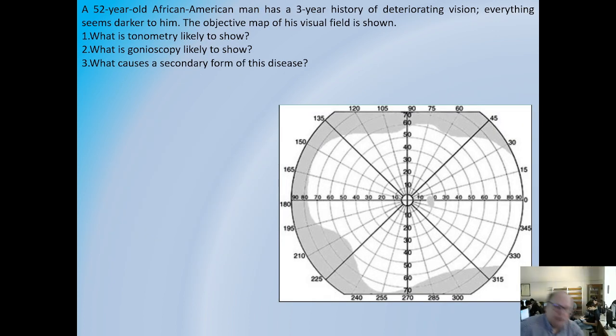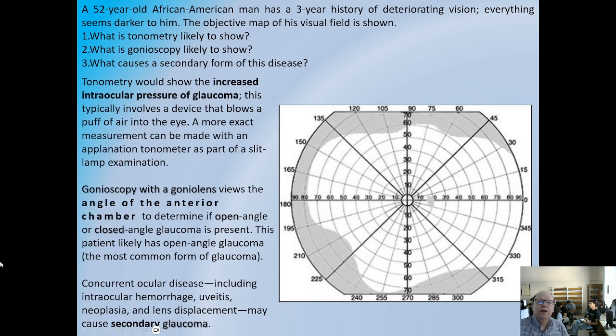Now, here is another similar problem with the loss in these areas of the optic field. And this is again a glaucoma with increased intraocular pressure. And you have to check the angle of the anterior chamber to see if it is open angle or closed angle. The most common is open angle glaucoma.